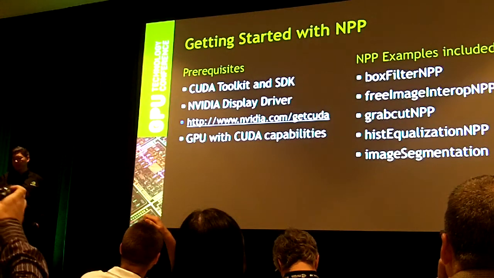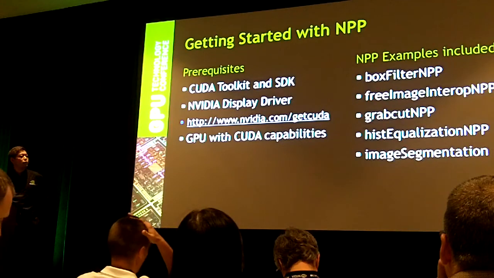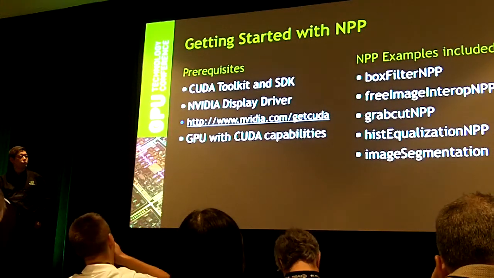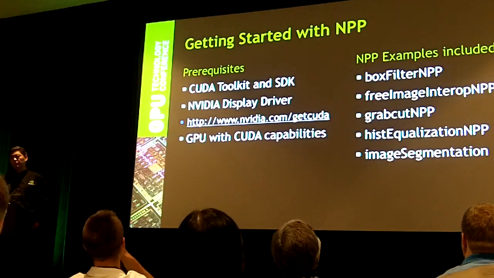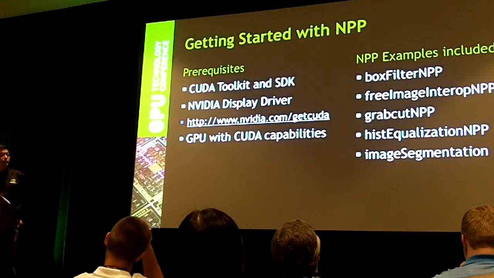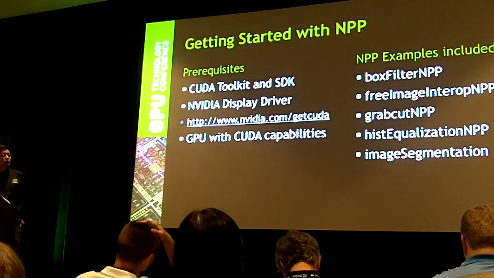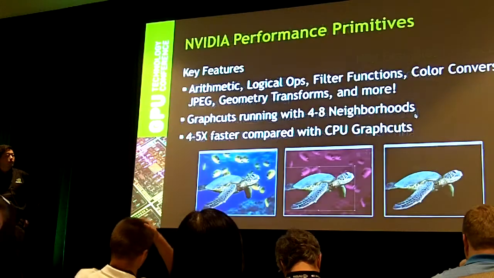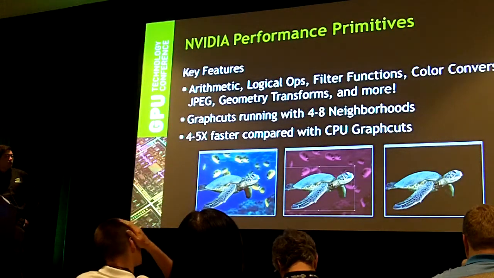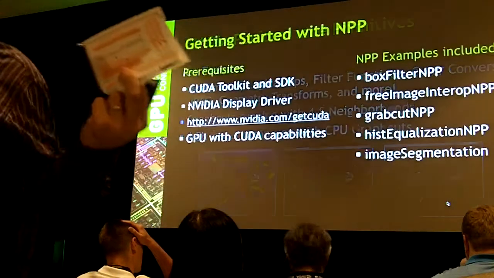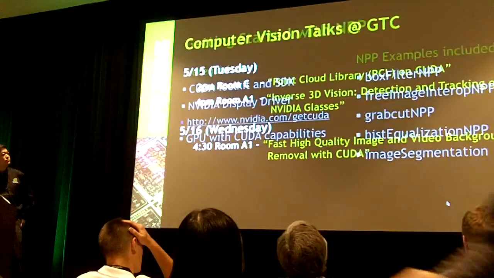What's required is the CUDA Toolkit, which you can download from the NVIDIA developer site, and you need a GPU with CUDA capabilities. With the CUDA Toolkit, we included a number of samples just to show you how to use NPP. GrabCut is this demo that you see down here, which has the turtle and you're extracting the image. It's something that you can run interactively.